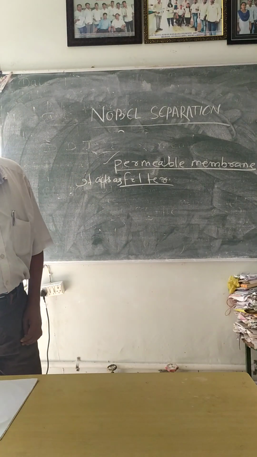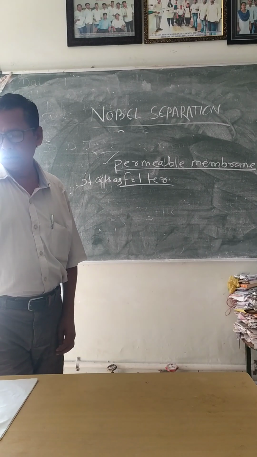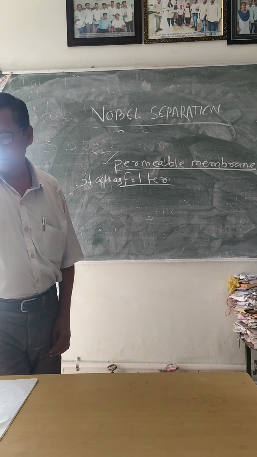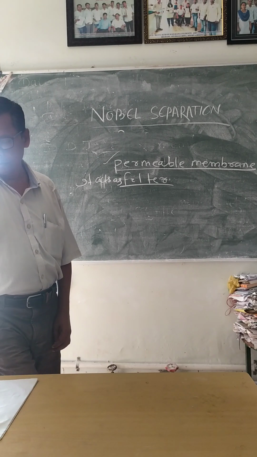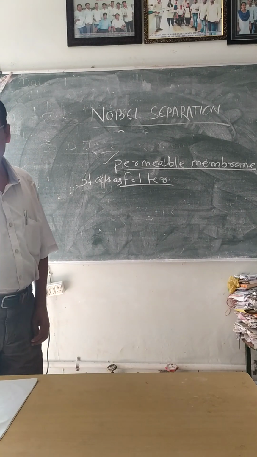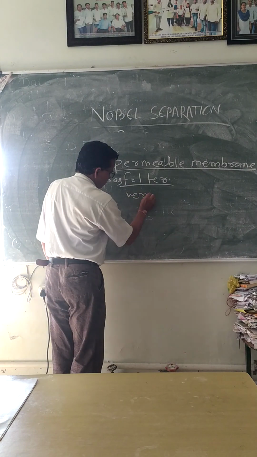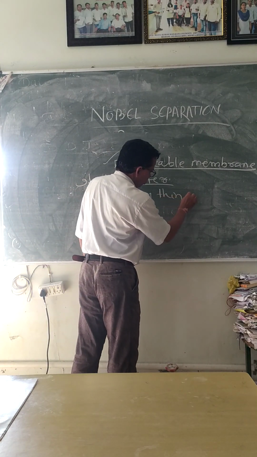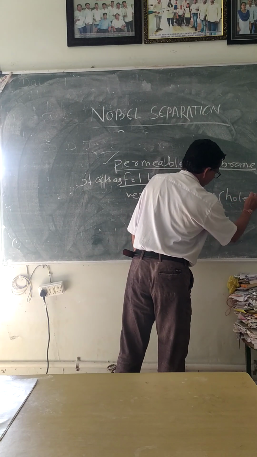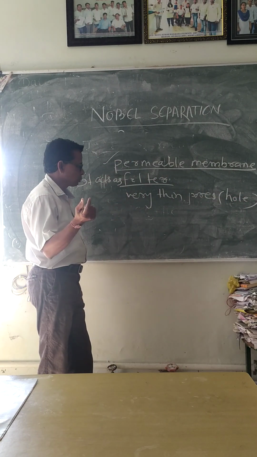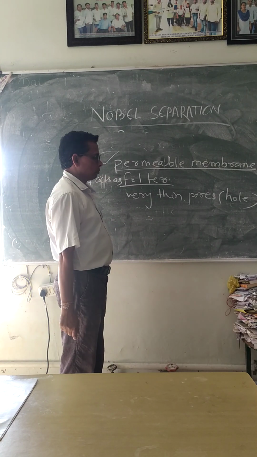Like a filter, the separated substances are not thermally, chemically or biologically modified. New concepts have emerged. There are very thin pores. Pores means holes. Very thin pores allow something and do not allow others.